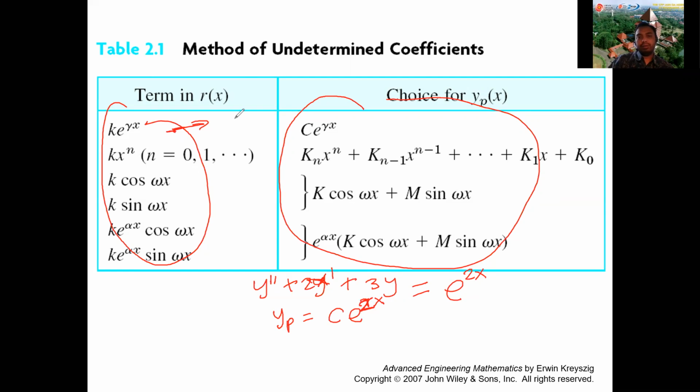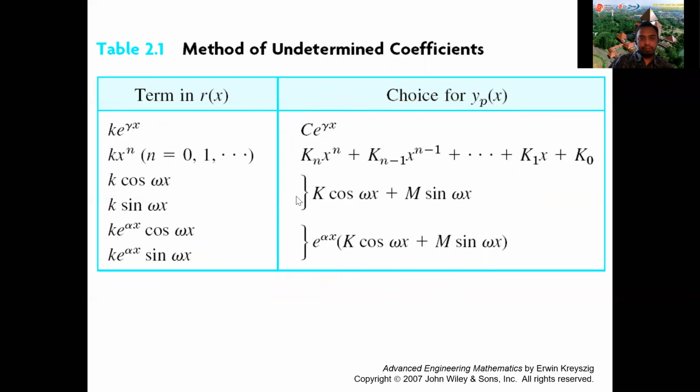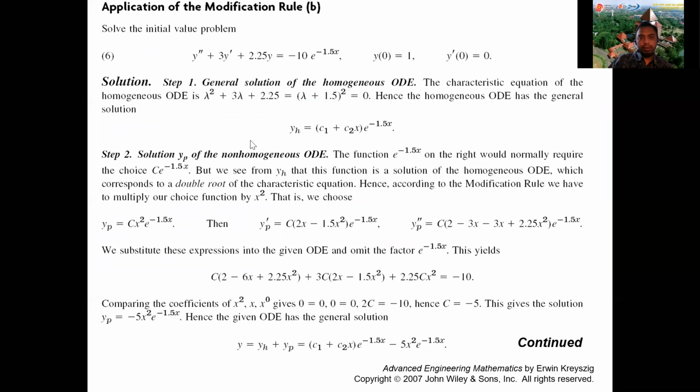Okay, so let's try this in our example. We have y'' + 3y' + 2.25y equal to minus 10 e to the power of minus 1.5x.